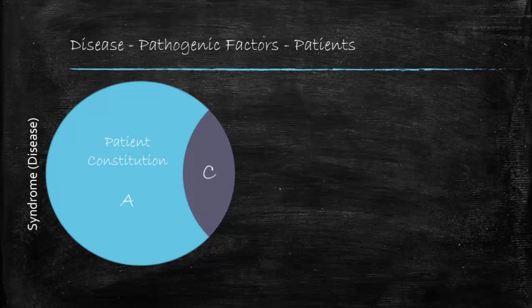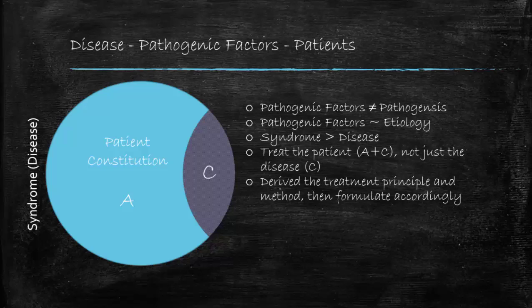So there are a few points I want to focus on and make sure that we're on the same page here. Pathogenic factor. For example, if you take wind cold invading a patient, the wind cold is a pathogenic factor. It does not equate to the pathogenesis.